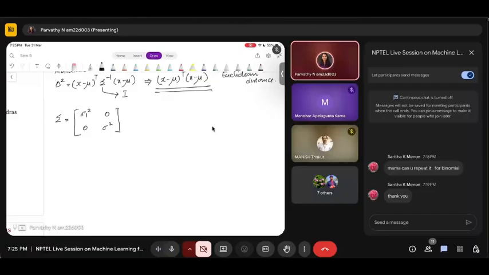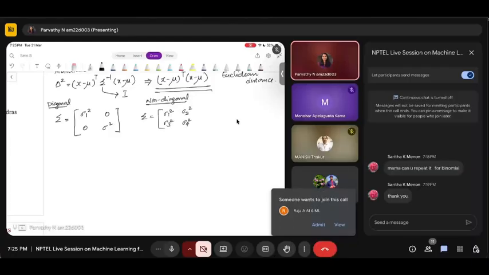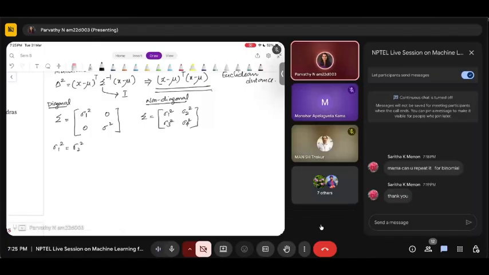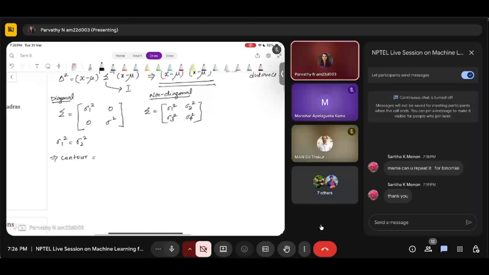Okay. So when the covariance matrix is diagonal and also non-diagonal, there are two possible cases. So when this is diagonal and sigma 1 square is equal to sigma 2 square, then this contour will be a circle in the d-dimensional space.